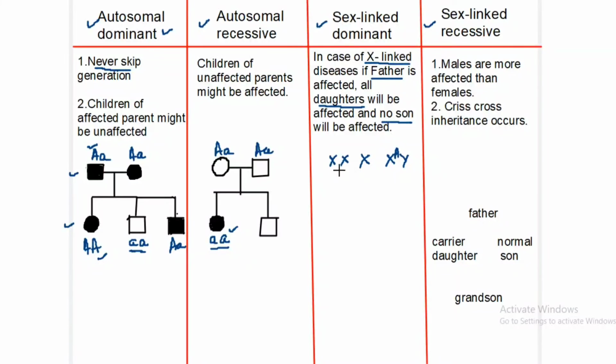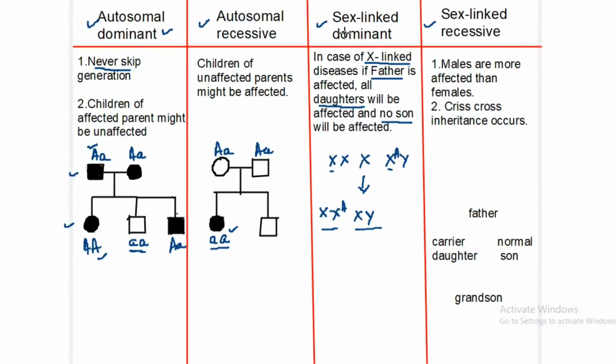So here we have only one type of gamete from the mother and two types from the father. The possible children will be X X^A, and X Y. Because only one type of gamete is there from the mother, these two types of phenotype will be seen in the children.